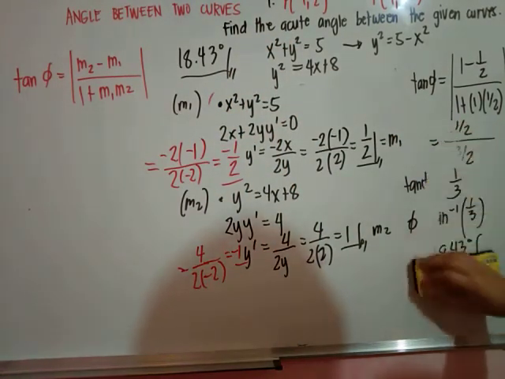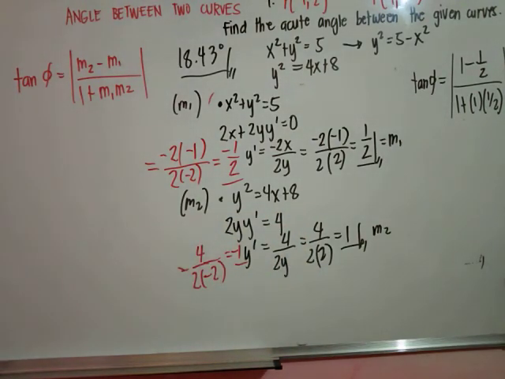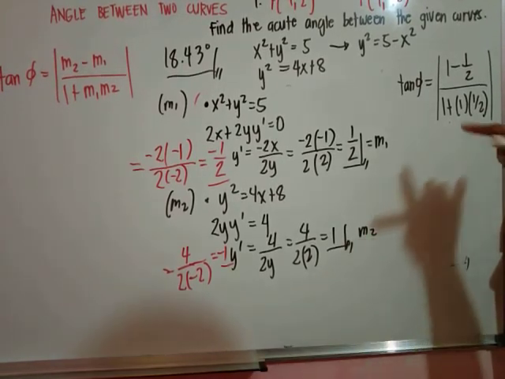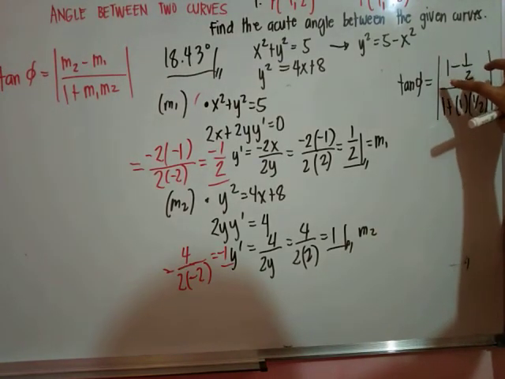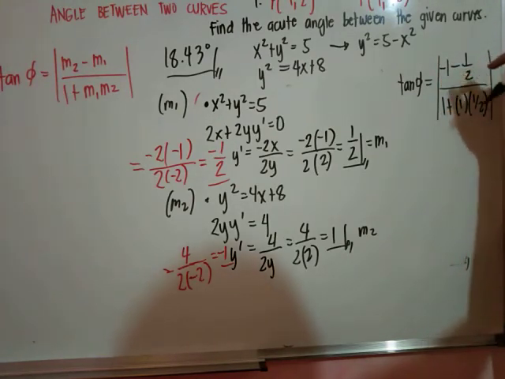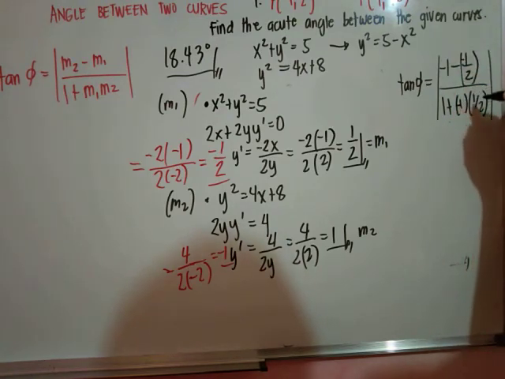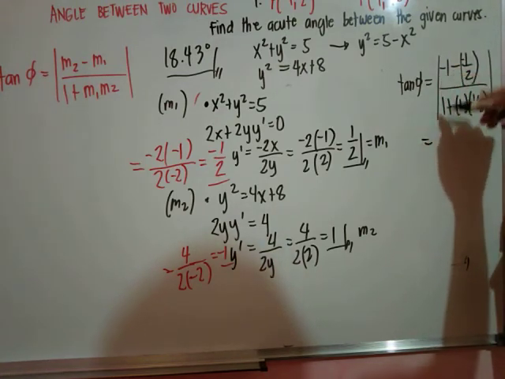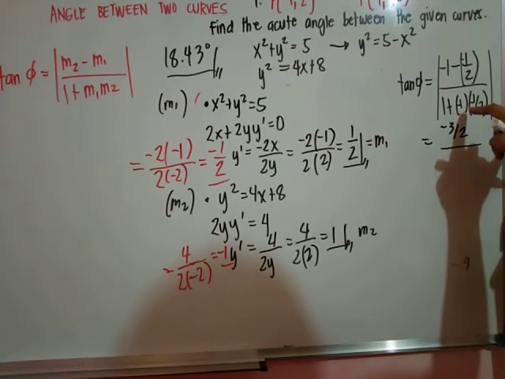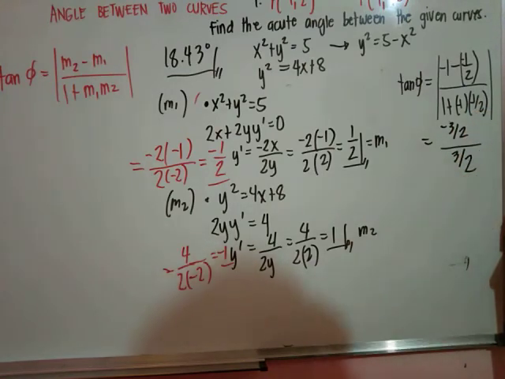So, erasing ko. So, we have, ang substitute natin dito is -1, and then madadagdagan lang tayo ng mga negative sign, di ba? Kasi nag-negative lang lahat. So, negative, negative. So, we have -3/2 over 1 plus 1/2 is 3/2.